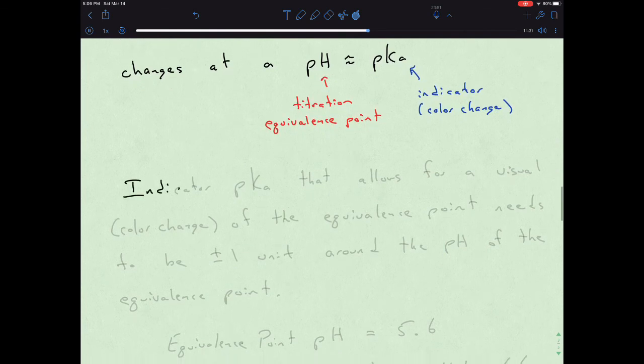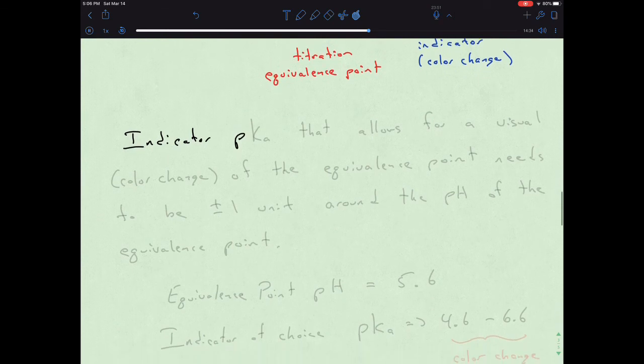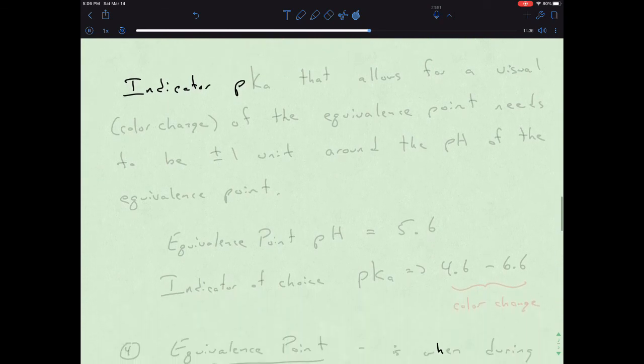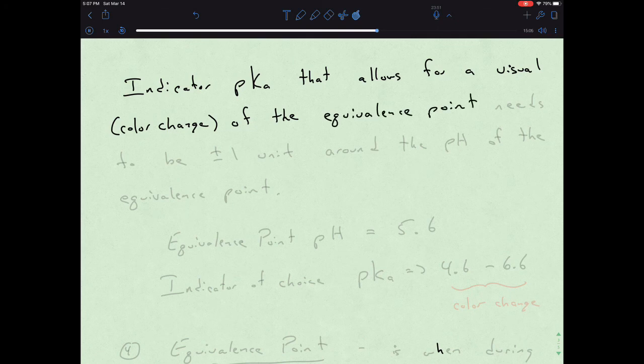So the indicator pKa that allows for a visual, remember that visual is the color change, so visual of the equivalence point, right?